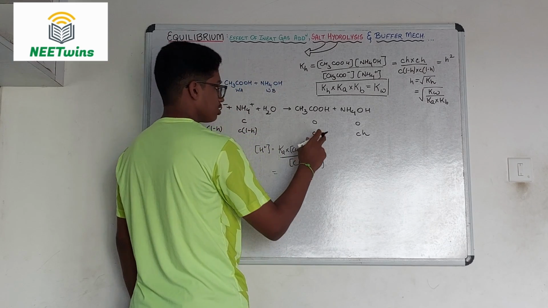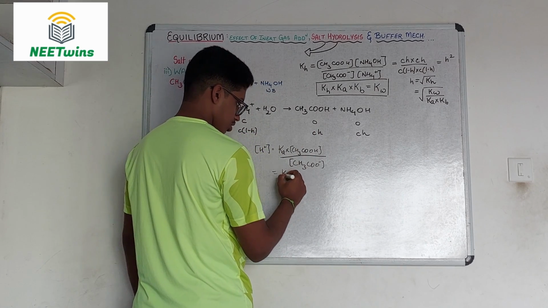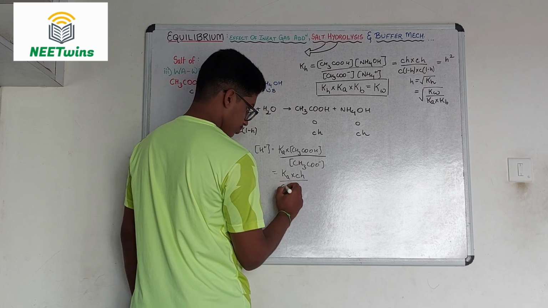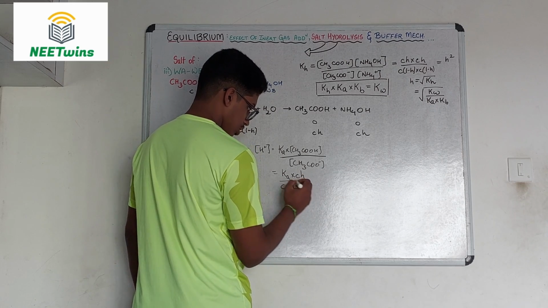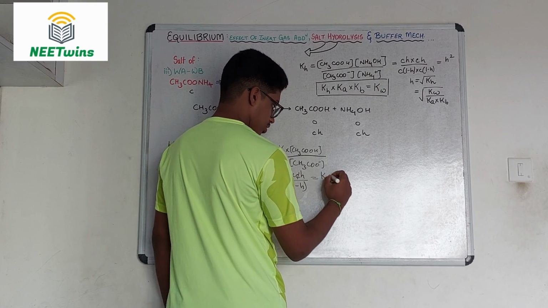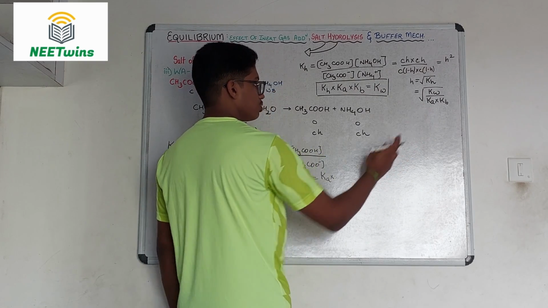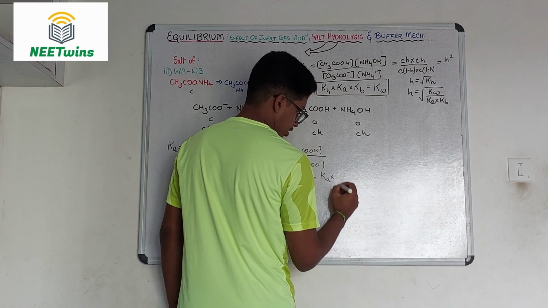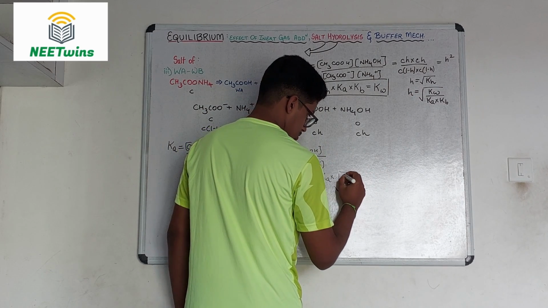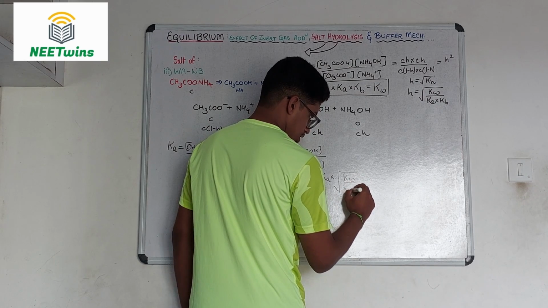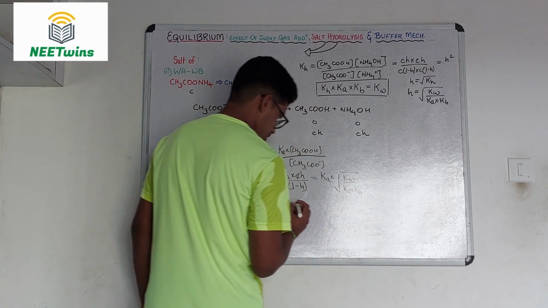Now CH3COOH concentration at equilibrium is Ch, and CH3COO minus concentration at equilibrium is C into 1 minus h. So C and C cancel, so you get Ka into h, and since h is equal to root of Kw by Ka into Kb, we can write it over here as root of Kw by Ka into Kb.